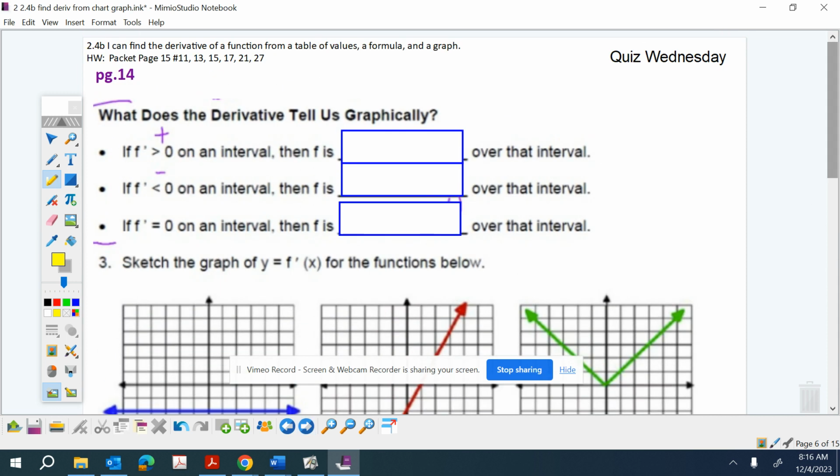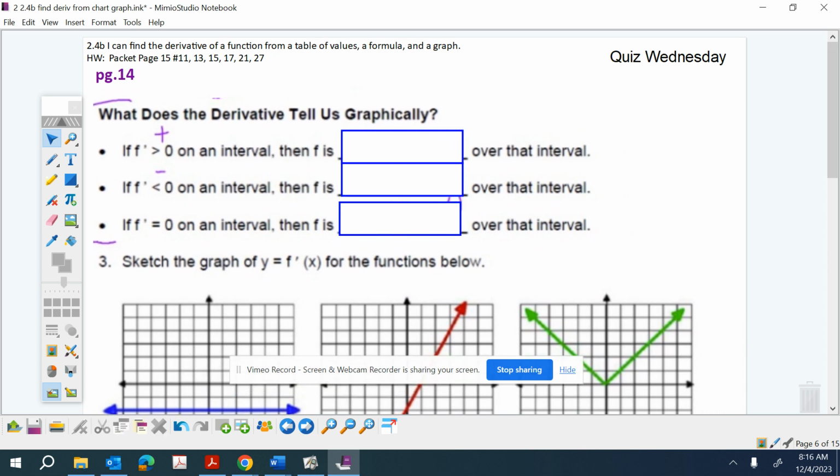What does the derivative tell us graphically? The derivative gives us information about the function. And remember that the derivative is nothing more than the slope. If we're doing things graphically, then basically we're looking at the slope at every point. And obviously, we're not going to give you problems that have hard or different slopes for every different point or tangent.